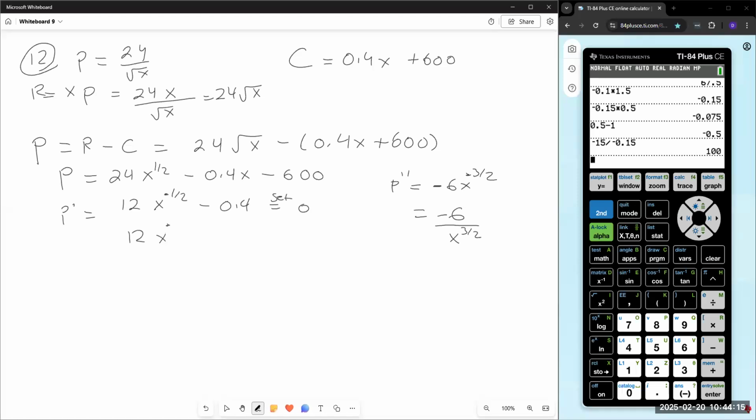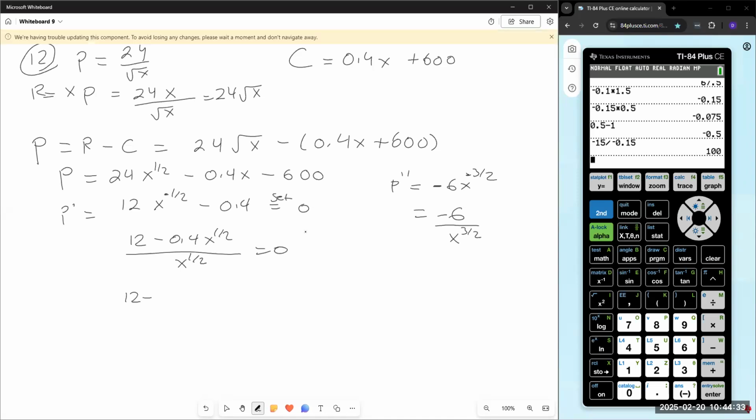So when we set this equal to 0, 12x to the negative 1/2, let's multiply by x to the 1/2 over x to the 1/2 here. 12 minus 0.4 x to the 1/2 over x to the 1/2 is equal to 0, meaning that 12 minus 0.4 x to the 1/2 is equal to 0. Means negative 0.4 x to the 1/2 is equal to negative 12.